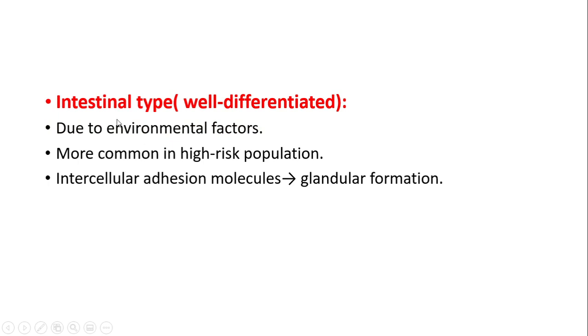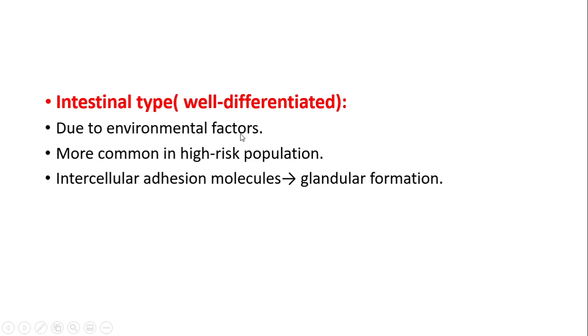The other type is called well-differentiated, because the tumor is still forming glandular structures that look like intestinal type glands. This most commonly occurs on a background of H. pylori associated chronic gastritis with intestinal metaplasia. So it is due to environmental factors.